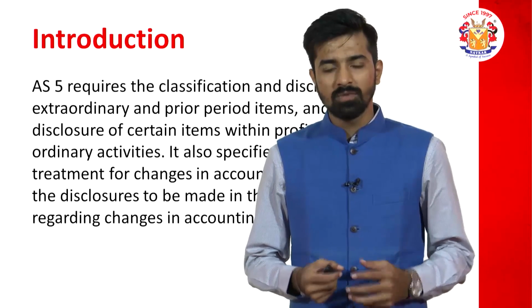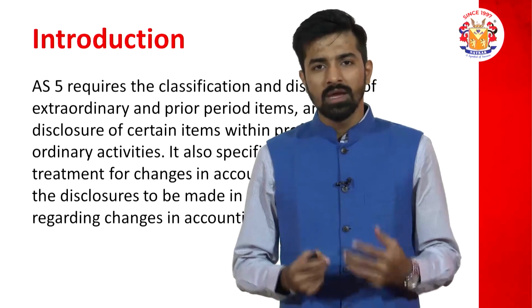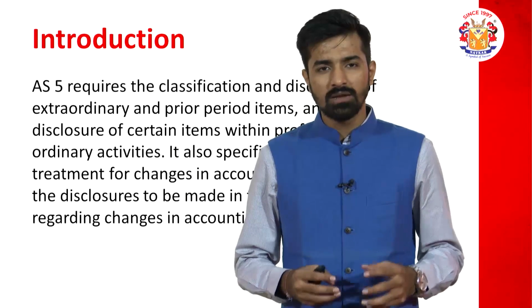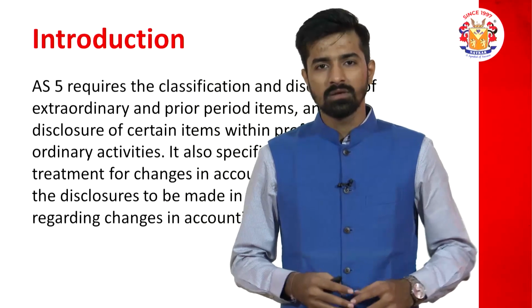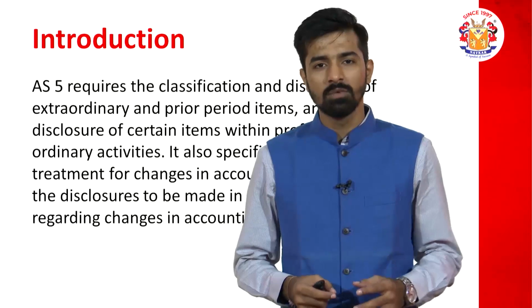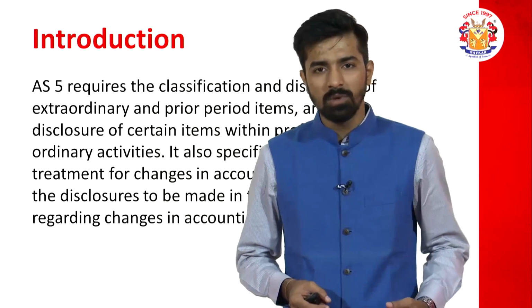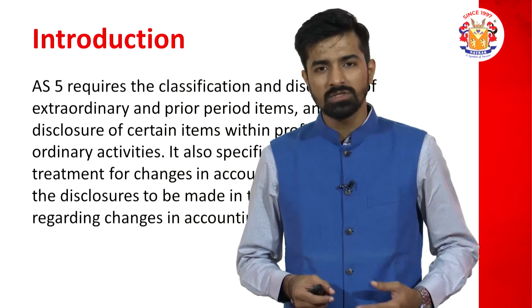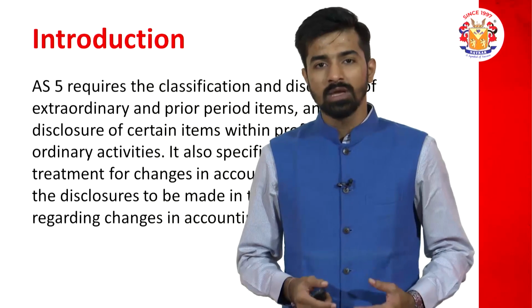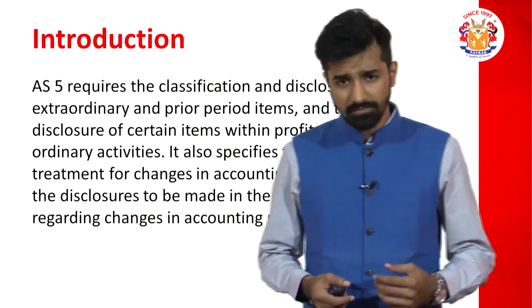AS5 gives you insight over various terminologies, and it also specifies what disclosures and what treatment are needed for changes in accounting policies or changes in accounting estimates and other such cases.